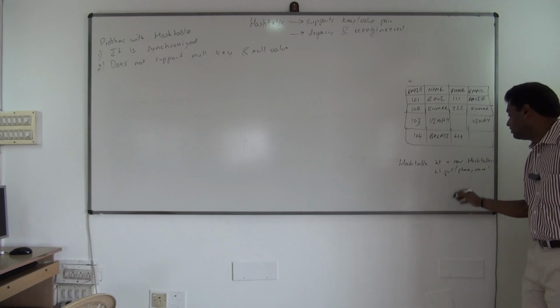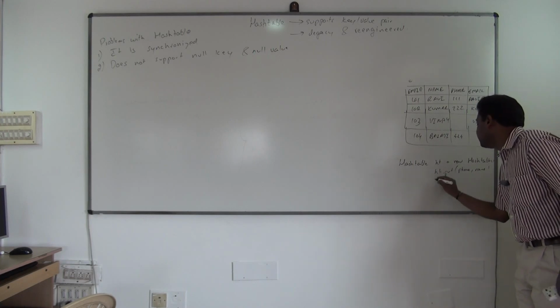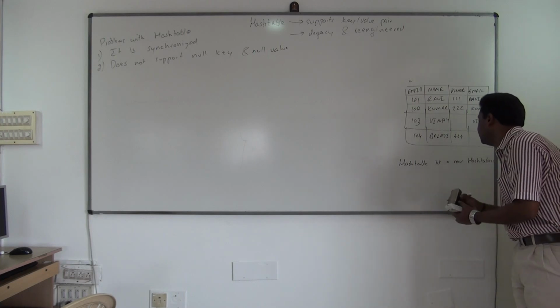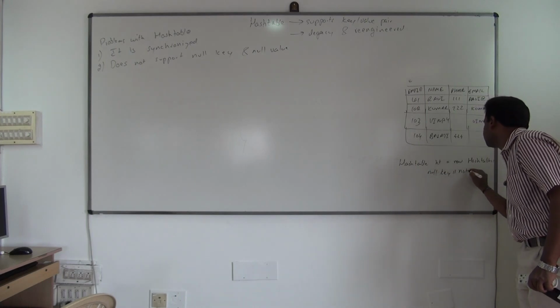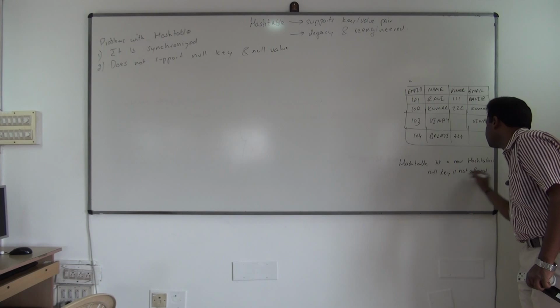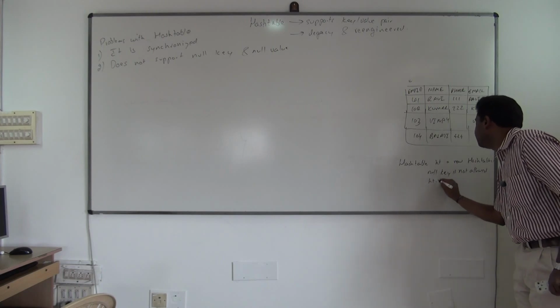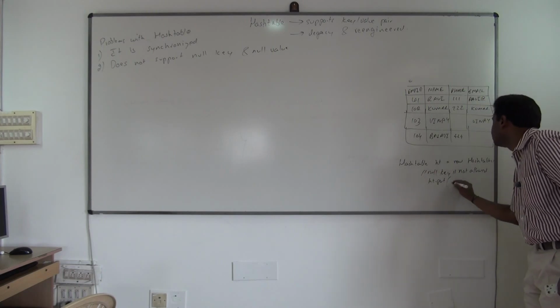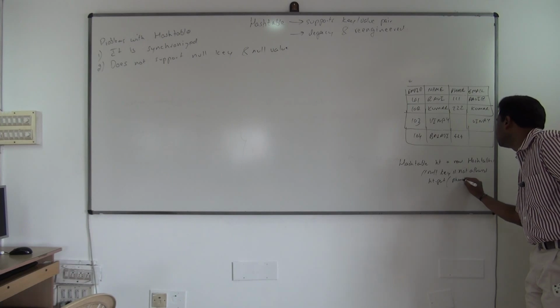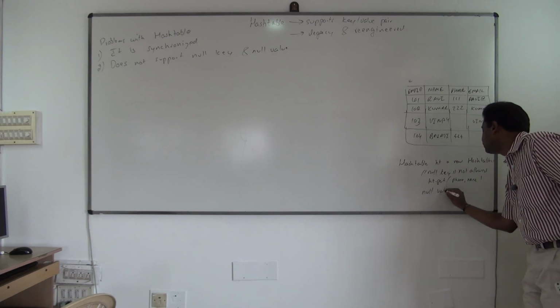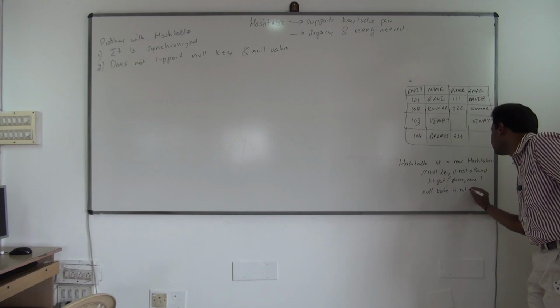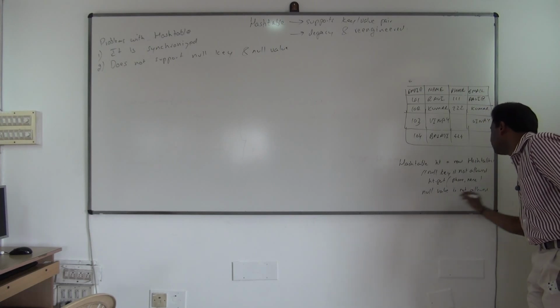Okay, look at the other way around. This is a null key. So here, this is an example for what? Null key is not allowed. ht.put phone comma name. Now null value is also not allowed.